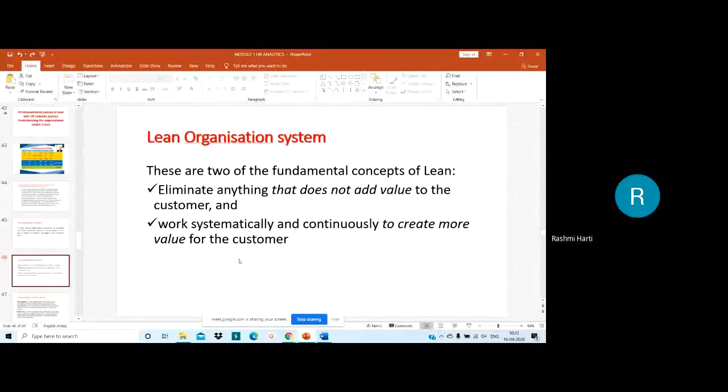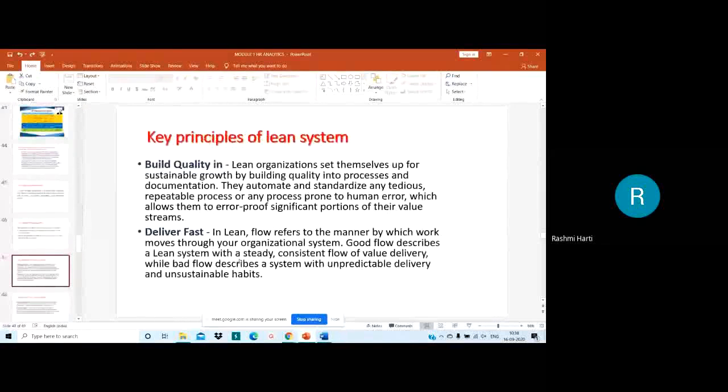You're eliminating the steps, the work, and the processes that do not add value to the customers, right? And then you plan the work properly, you systematize and prioritize it, and you continuously create more value for the customer. So the main focus of a lean organization system is customer satisfaction.